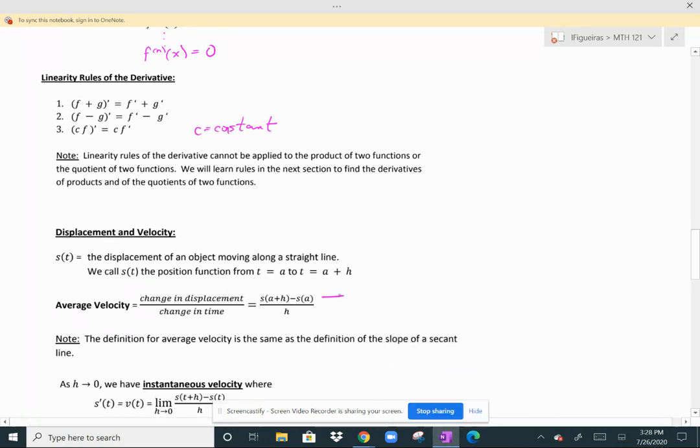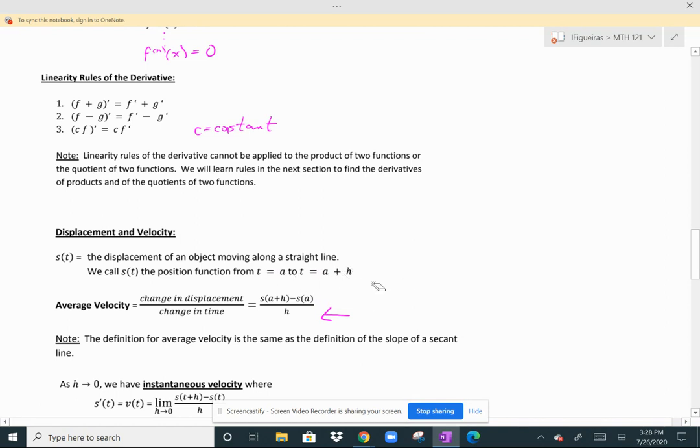This is the change in s over the change in t. And remember, when you subtract a plus h minus a, the a's cancel, which is why we just have an h in the denominator. That's again what we called the difference quotient just a few minutes ago.